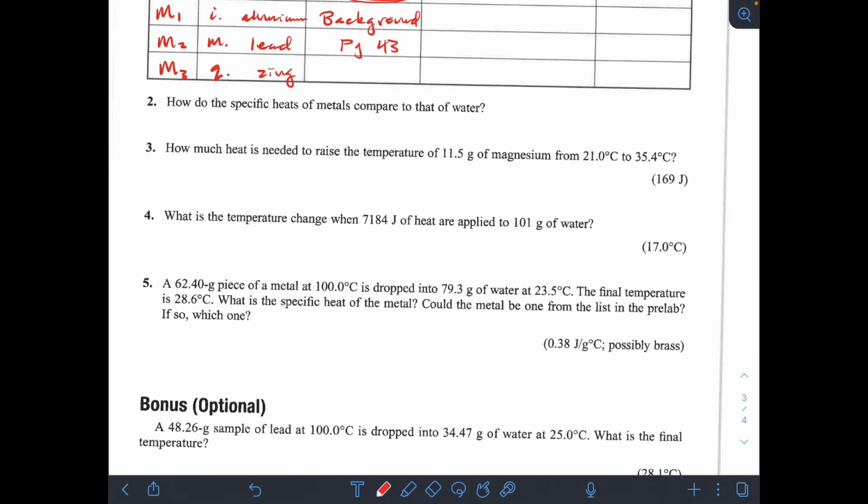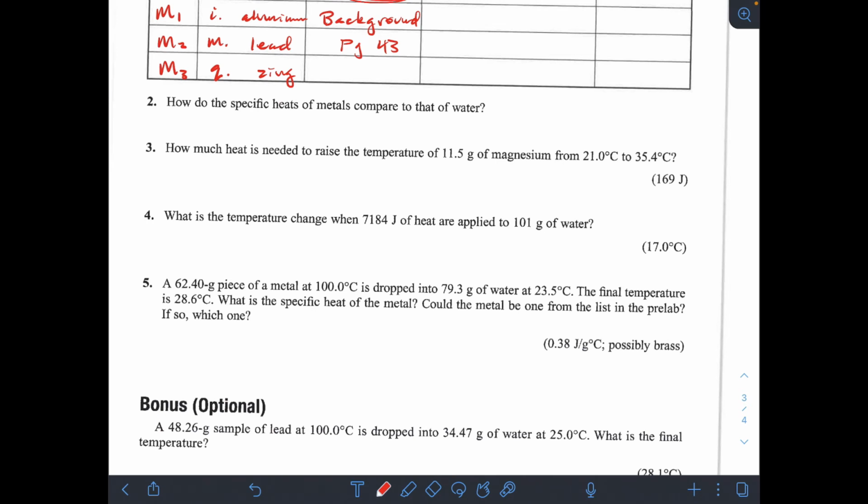All right, so moving on to our questions. So question 2, hopefully you'll be able to tell the difference. So compare the specific heat of water to the specific heats of the metals, and you should find that there's a pretty significant difference. So it can be a fairly simple answer, saying one is bigger than the other, that sort of thing. Okay.